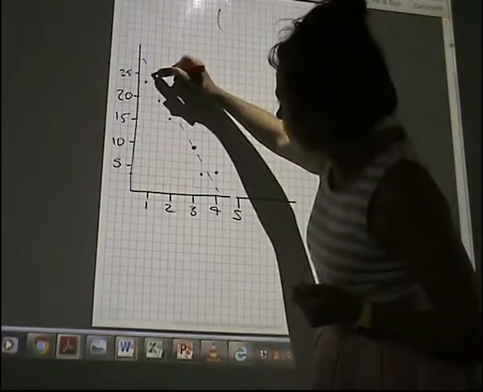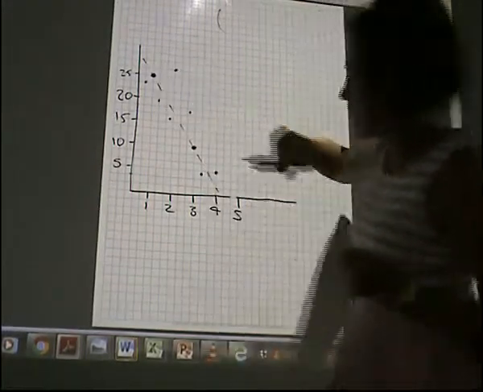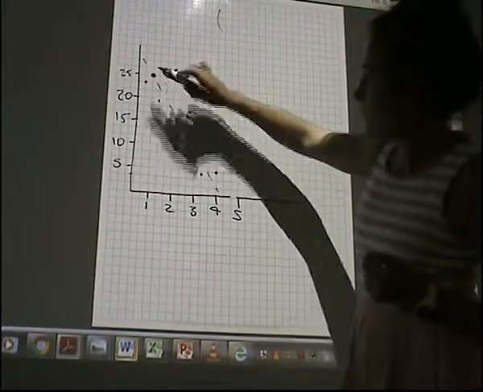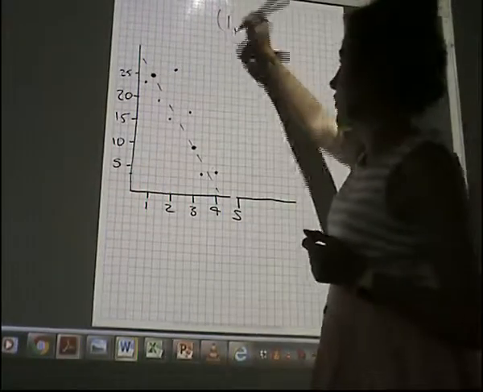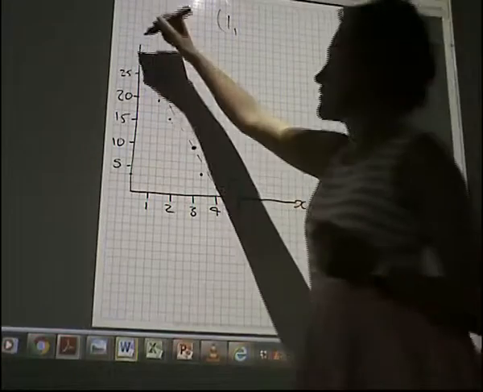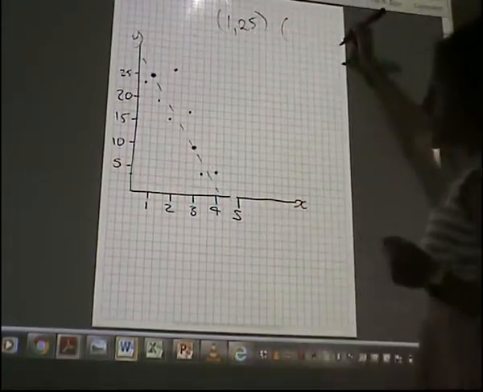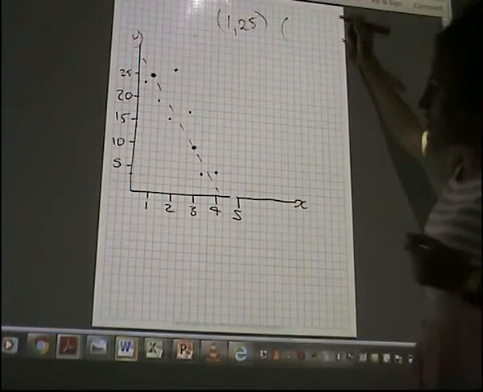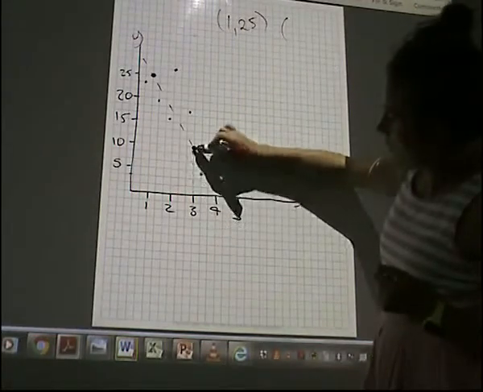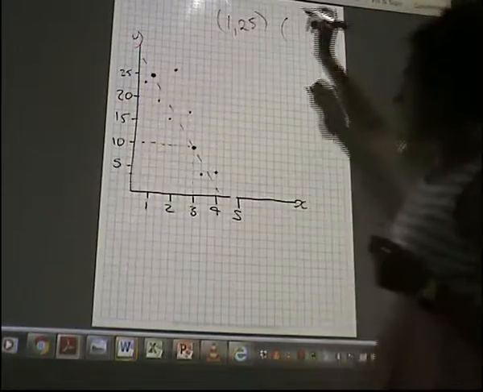I'd say that's 1, along with that one. Yeah, that's right on the 1. Yep, but remember the 1 has to go first because that's our x. So we've got 1 and 25. And what would our second lot be? 3 and 10. Yep, 3 and 10.